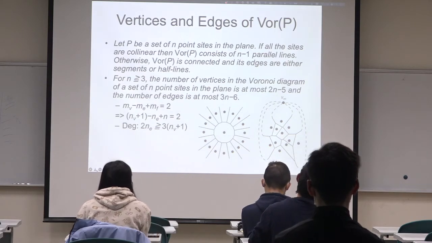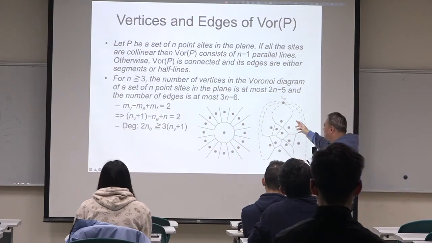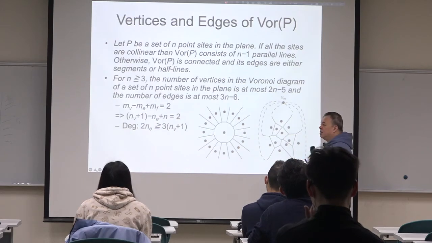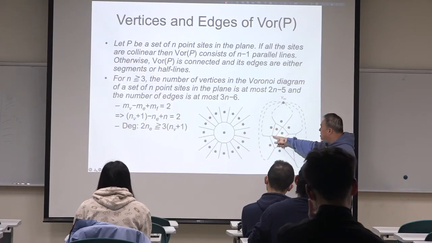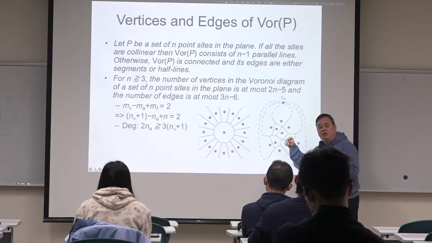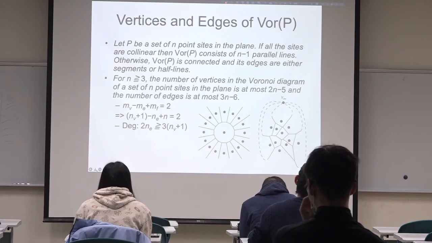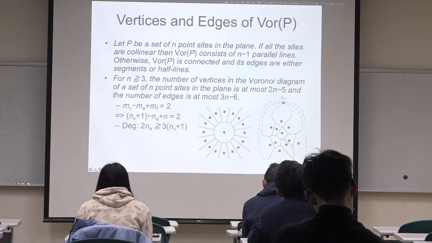If all these are going to infinity, it's like this graph is on the North Pole, and all these infinite half lines eventually converge at the South Pole, right? You can imagine you fit this on the surface of the globe.